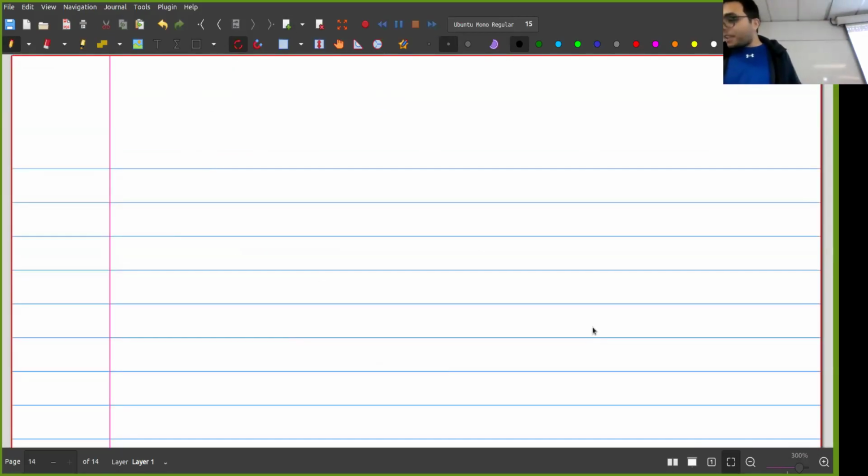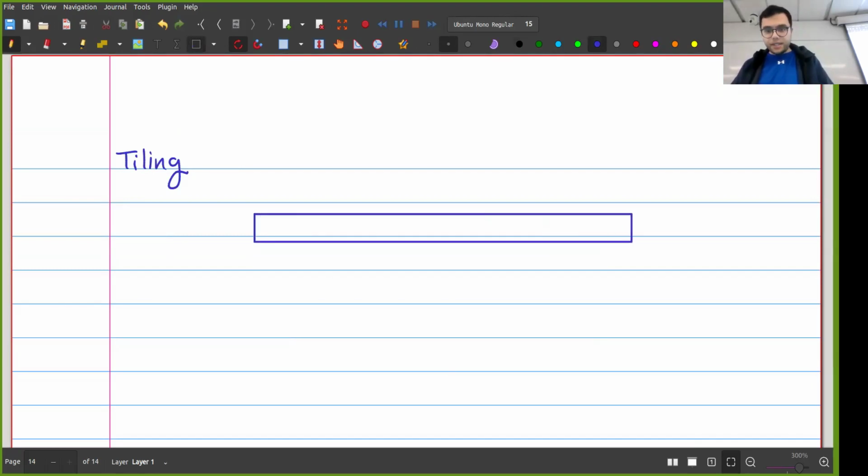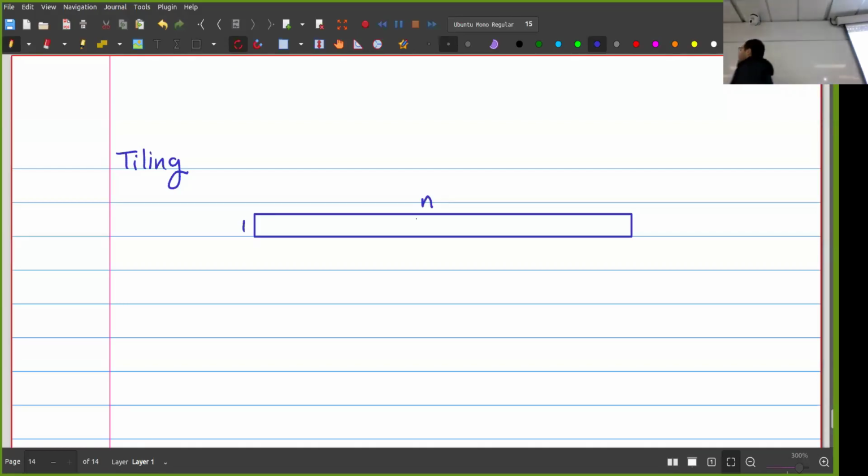Okay. Now I'm going to give you even more examples. So let me give you some examples of tiling. So let's say that I have a rectangle and this rectangle is 1 by n. And I want to fill up this rectangle with a bunch of dominoes. Okay. And a domino is basically a 2 by 1 rectangle.